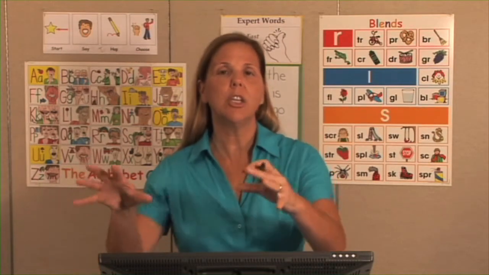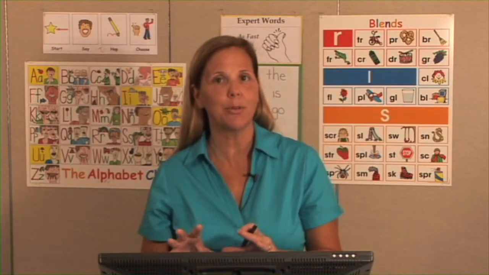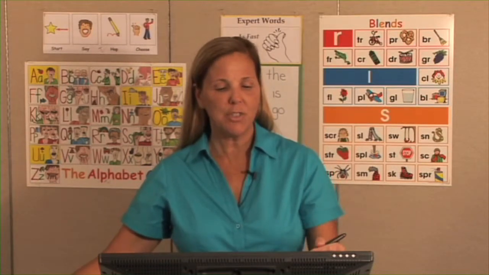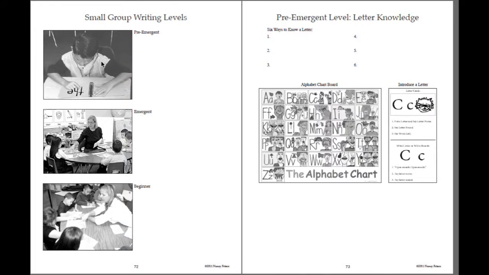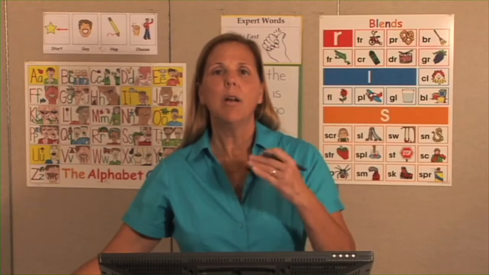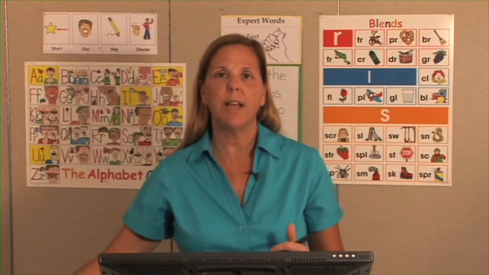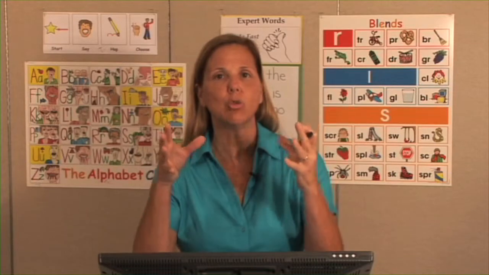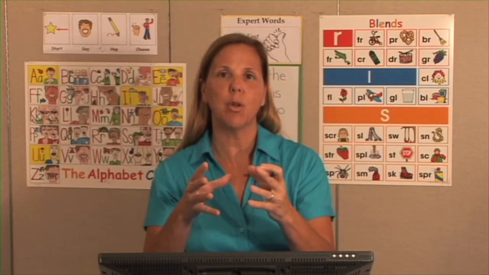For students you need to pull into these small groups, turn to page 72. As you see on page 72, there are 3 types of small groups: pre-emergent, emergent, and beginner. On this page, I'm going to identify basically what it is that you are going to have the children master at each of these small groups.